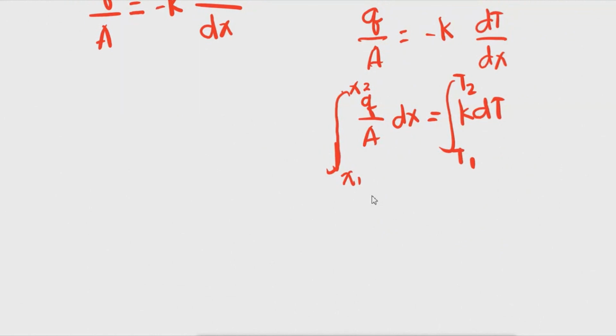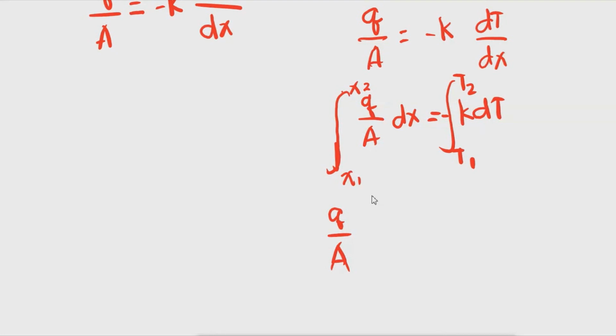So let's try to integrate. Let's add some negative here. So we have here Q over A. Since the area is constant for a slab, then we can just integrate this.